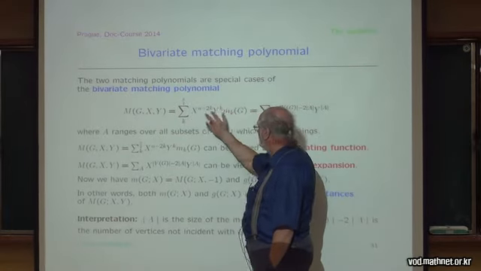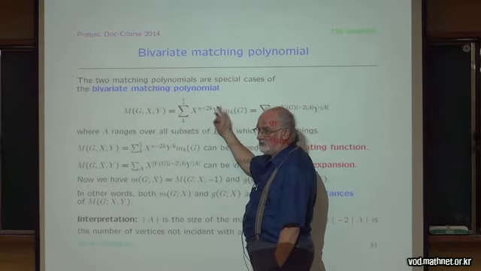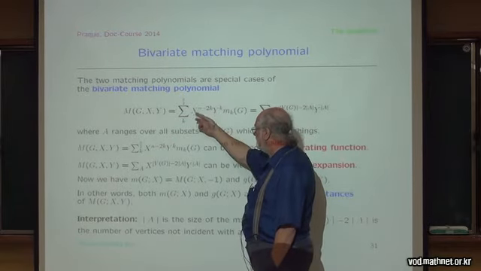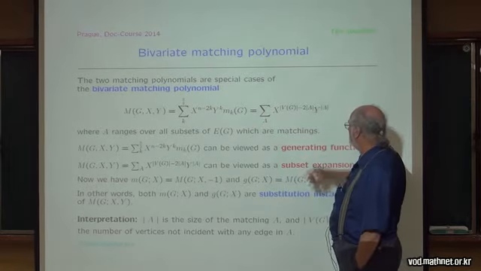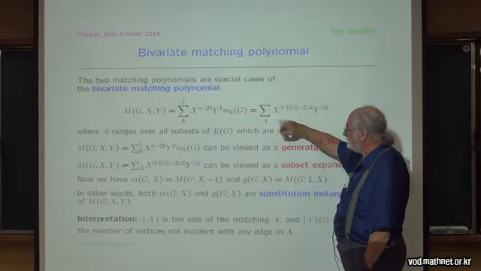But actually the two variables are related to each other, so the two-variable version is not much stronger than this, but now you can write this. I want to do this later.